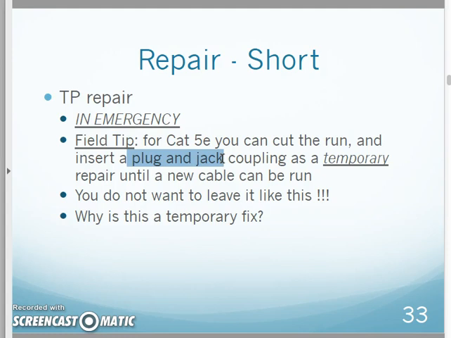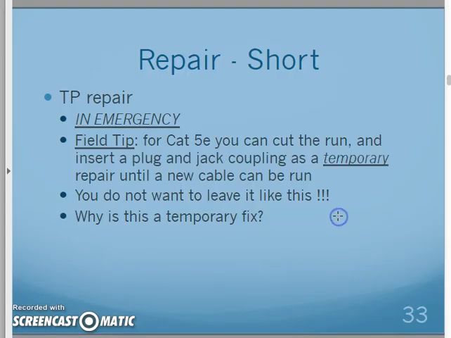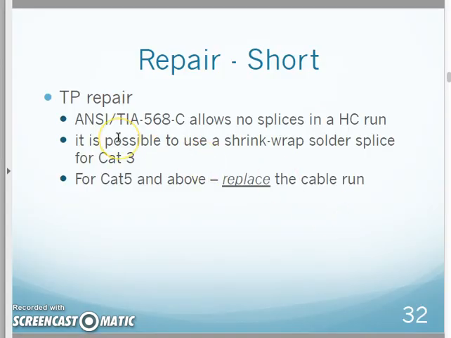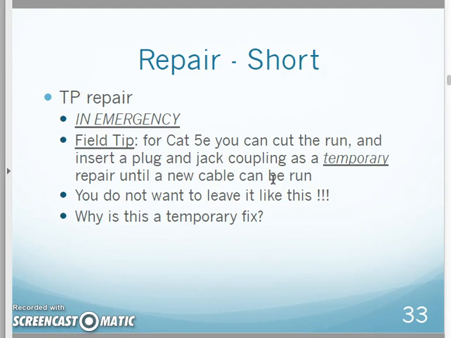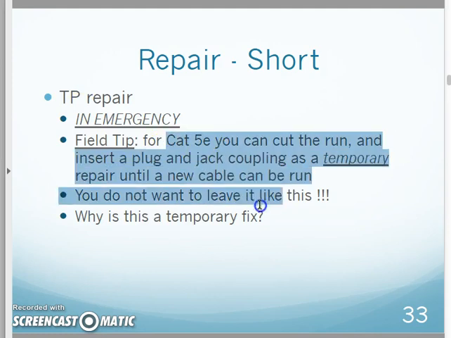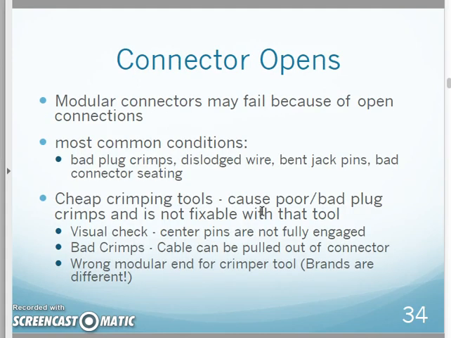And I always remind you, this is not something you're going to leave there. This is a temporary fix that'll get you through until you can replace this cable run. So in real life, according to your certification exams and exams for me, it's going to be replace the cable run. But just a little FYI for you, in an emergency situation, you could get by with doing this little fix here, this little field fix, if you will.